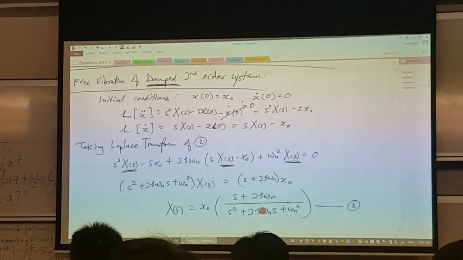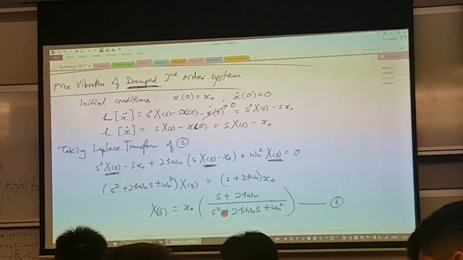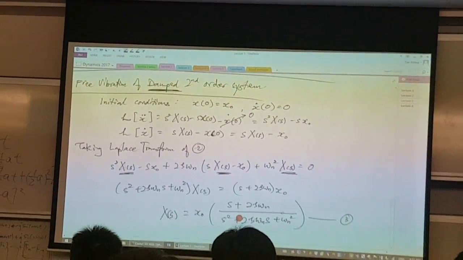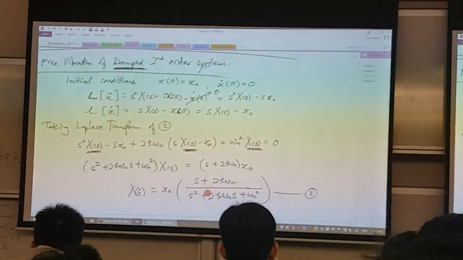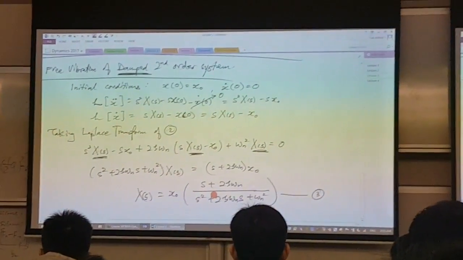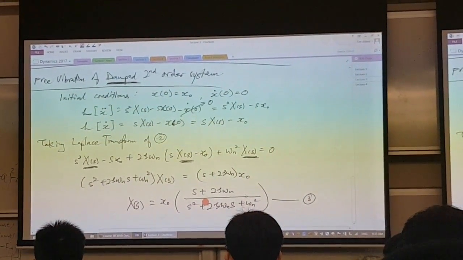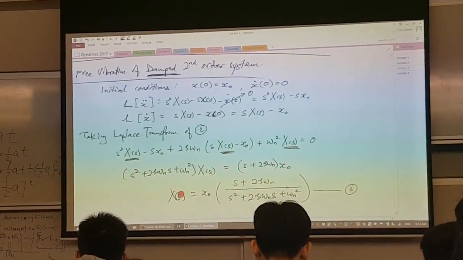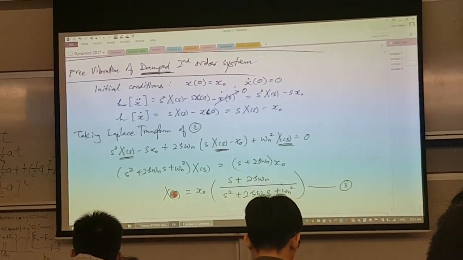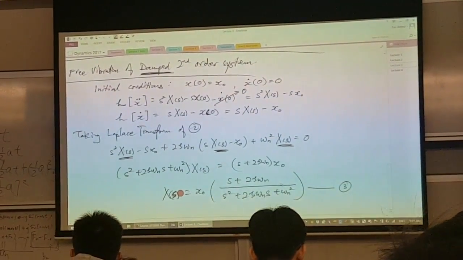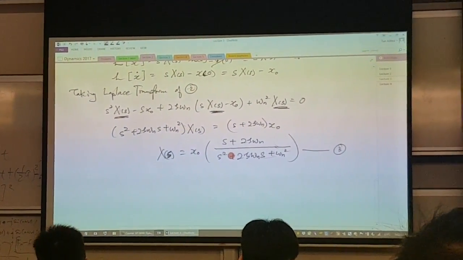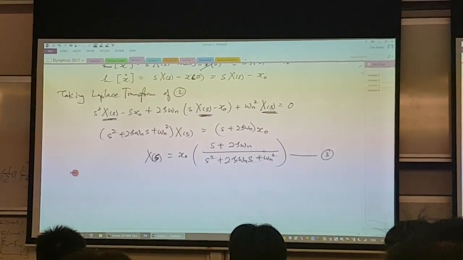If it doesn't have that kind of format, that means we have to somehow make it into that format so that later on we can do the inverse Laplace. Why do we need to do inverse Laplace? So that after inversing that Laplace, it will go back into the time domain. Now it's in the s domain. So let's see how we go about making that denominator in those formats.